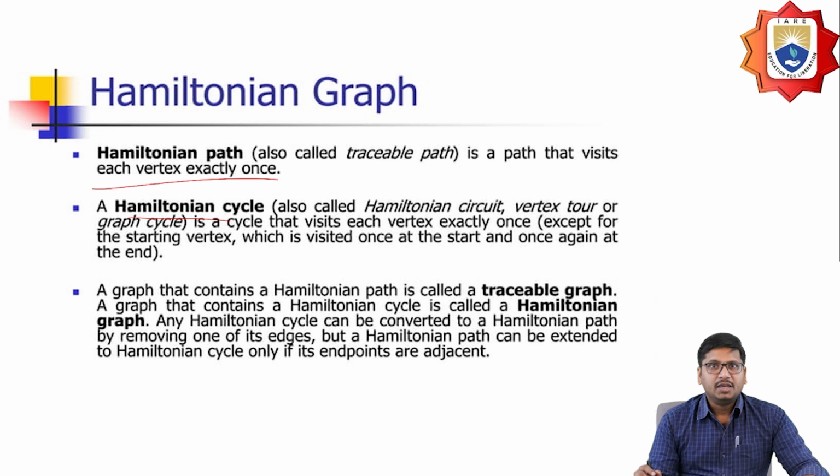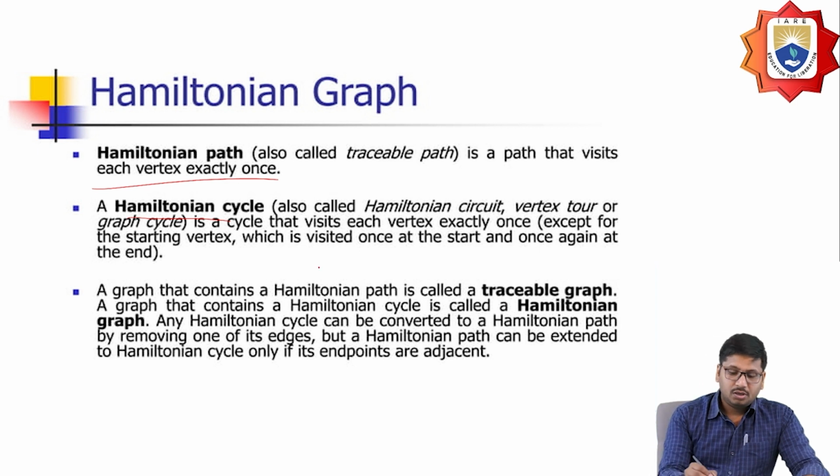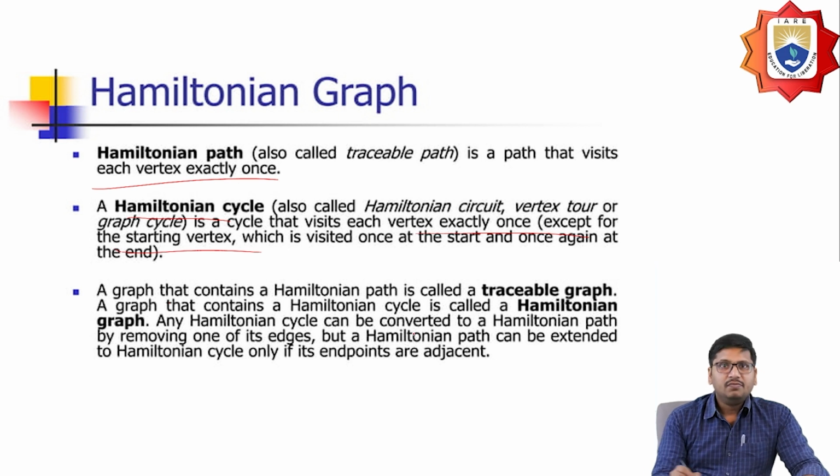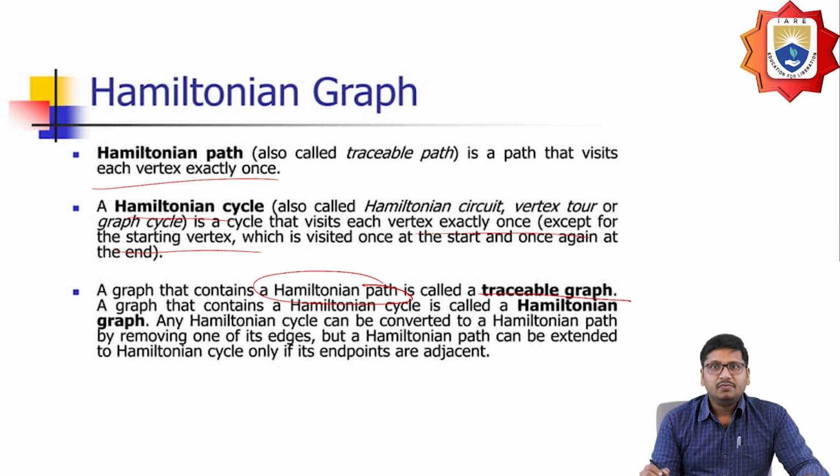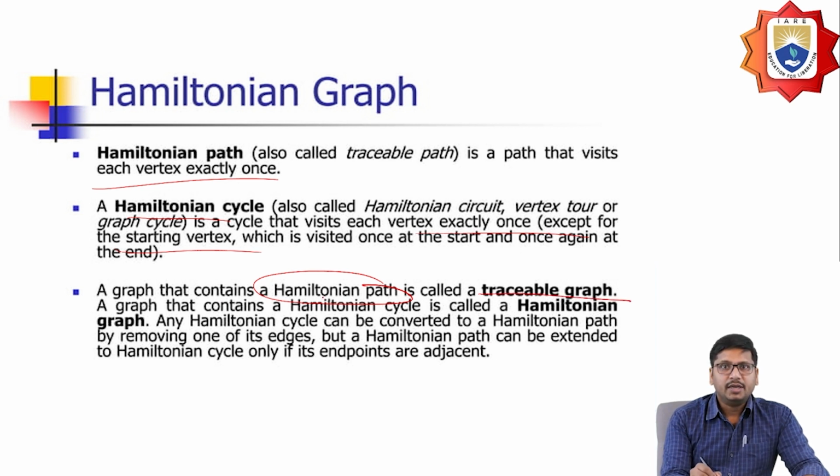The cycle visits each vertex exactly once, except for the starting vertex, which is visited at the start and once again at the end. So the graph which has a Hamiltonian path is called a traceable graph, and the graph which has a Hamiltonian cycle is said to be a Hamiltonian graph.